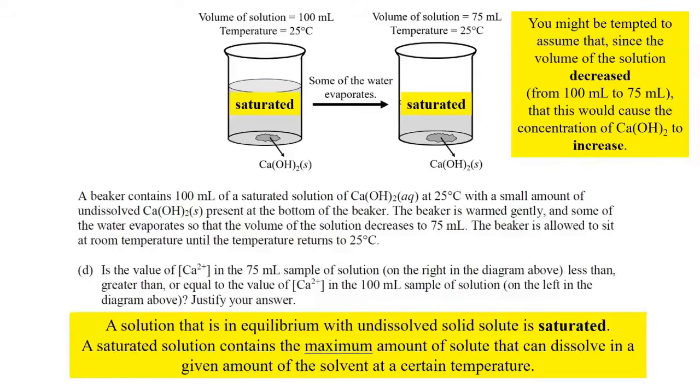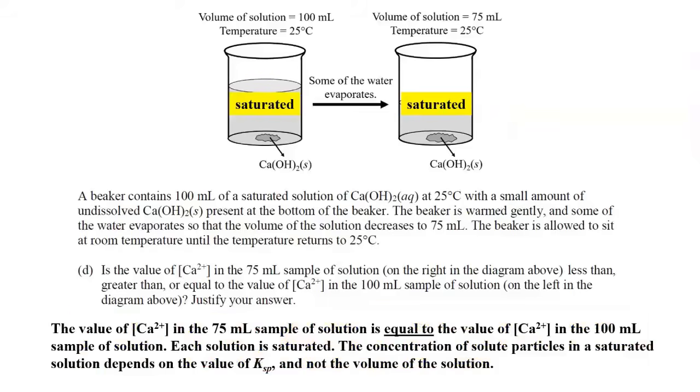So the correct answer to part D is the following. The value for the concentration of calcium ions in the 75 milliliter sample of solution is equal to the value of the concentration of calcium ions in the 100 milliliter sample of solution. Each solution is saturated.